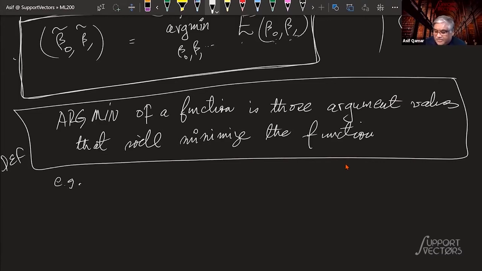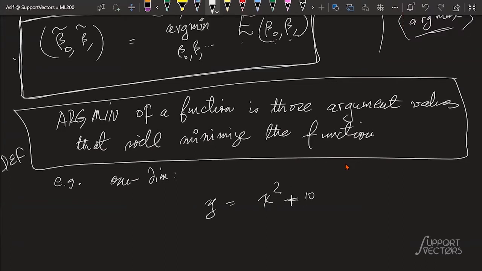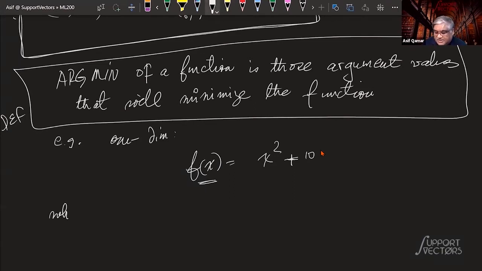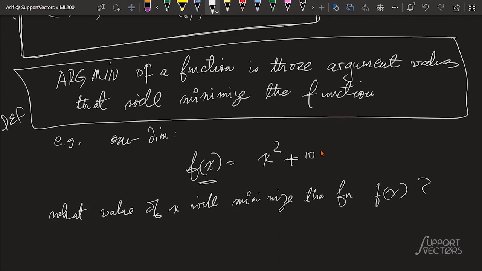Example. Let us take one dimension. y is equal to x squared plus 10, right? Now tell me, what value of x will minimize the function? 0. x equal to 0. Yes.